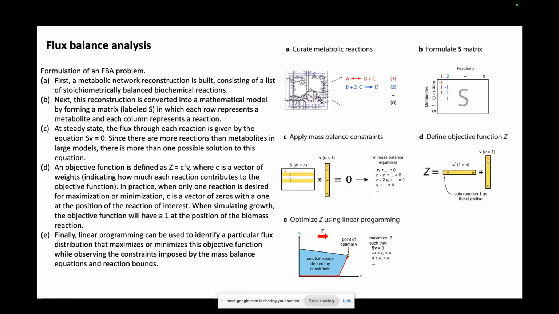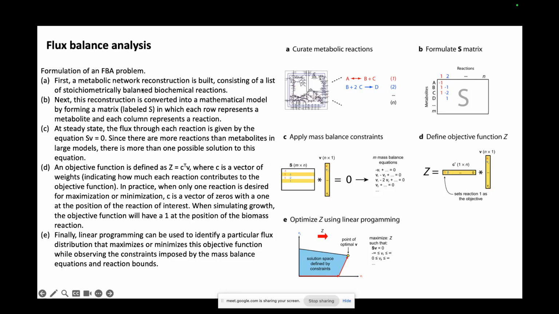Not always mass balance, it can be energy balance, it can be something else. Some constraints you apply, and then you define an objective function or a cost function which you need to minimize or maximize, and then you optimize Z using linear programming, LPP, if you remember. We'll talk about an example of this in the later slides.